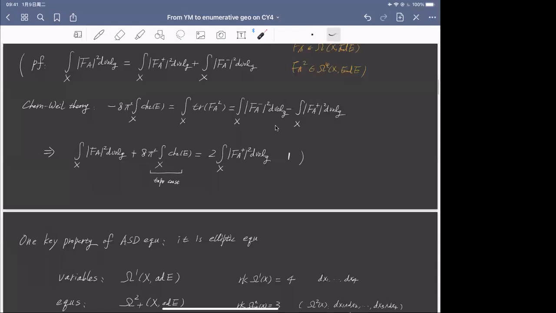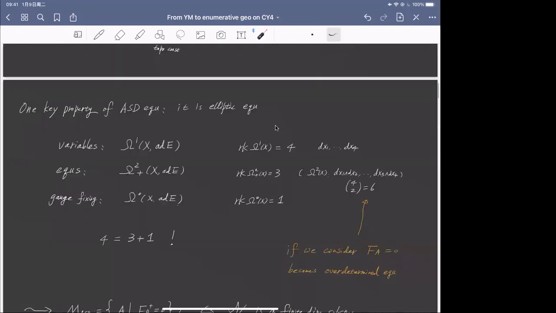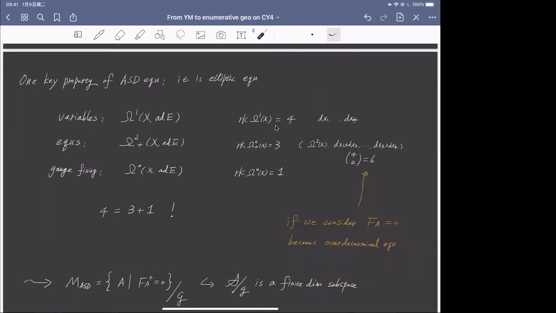But dimension 4 is quite distinguished, so we can find this energy minimizer. Another key property of the anti-self-dual equations, from the differential equations perspective, is that they are so-called elliptic equations. In a very naive way, we can understand this as follows: we have a space of variables, which, as I said before, is the bundle-valued 1-forms, and we have equations which are bundle-valued self-dual 2-forms.